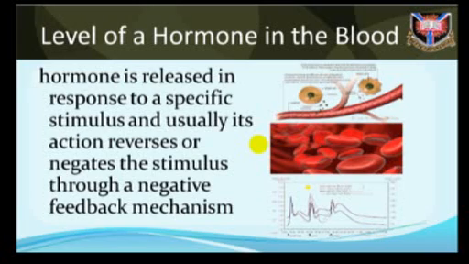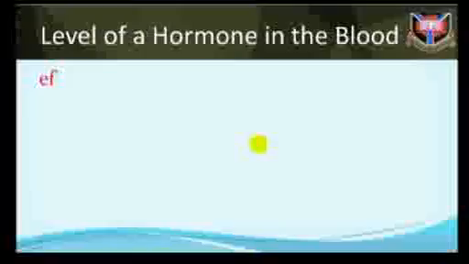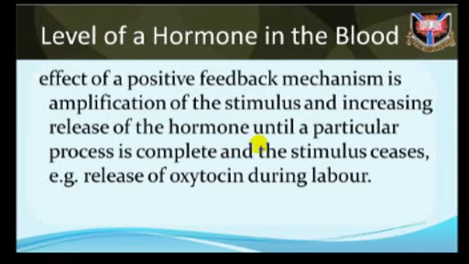These may be controlled either indirectly through the release of hormones by the hypothalamus and the anterior pituitary gland, e.g., steroid and thyroid hormones, or directly by blood levels of the stimulus, e.g., insulin and glucagon. The effect of a positive feedback mechanism is amplification of the stimulus and increasing release of the hormone until a particular process is complete and the stimulus ceases, e.g., release of oxytocin during labor.